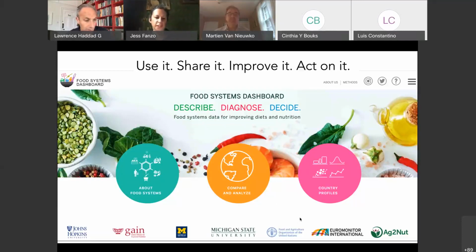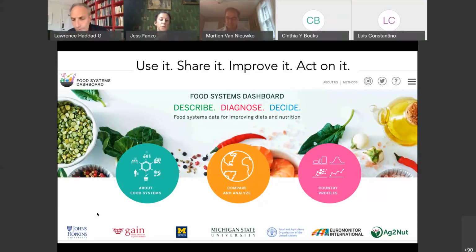Just to maybe, so I see some questions coming in. We're working on, and it was in the slide, GAIN is leading on sharing and testing the dashboard in multiple countries. And so we're doing some country engagement with the dashboard. The first one will be in Senegal, and that's supported by USAID and working with the USAID mission.